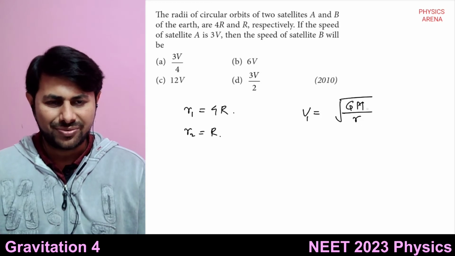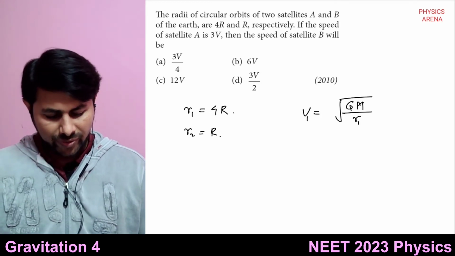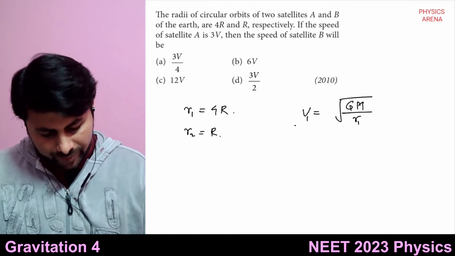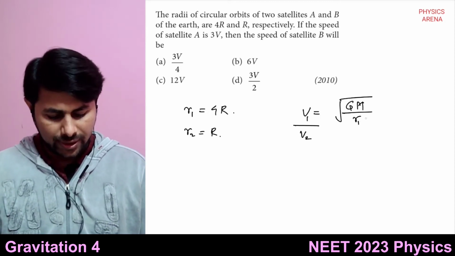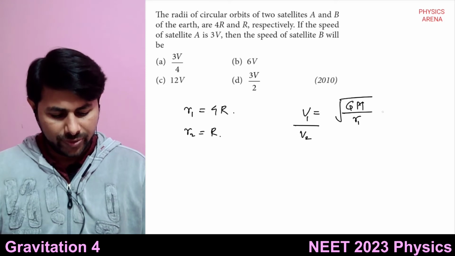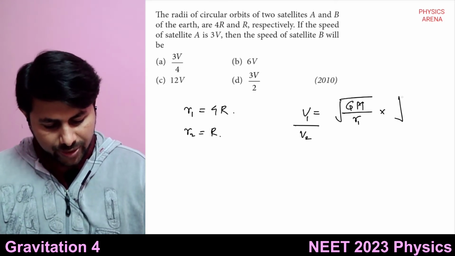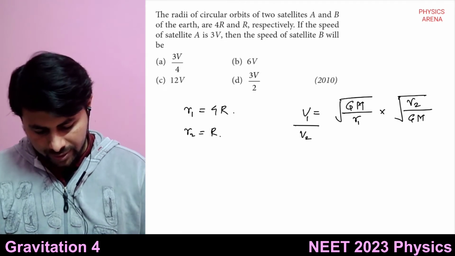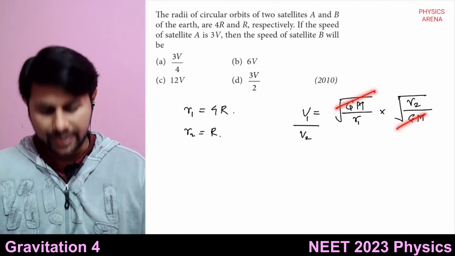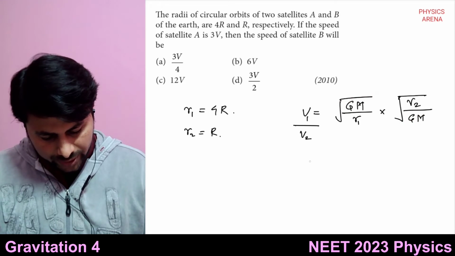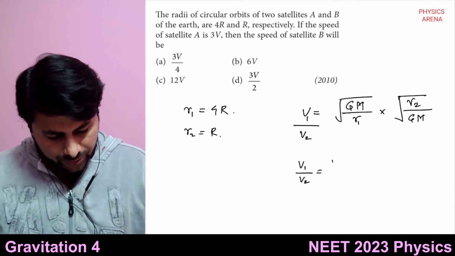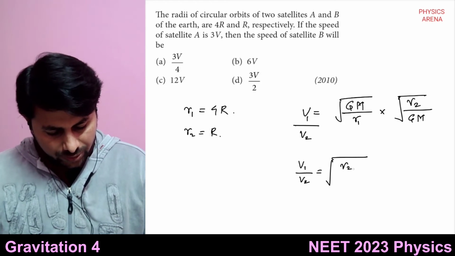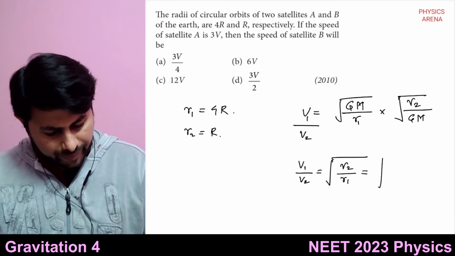So v1 is the square root of GM upon r1, v2 will be the square root of GM upon r2, and dividing by that is equal to what? Multiplied by its reciprocal. So GM and GM will get cancelled out. So v1 upon v2 equals the square root of r2 upon r1.